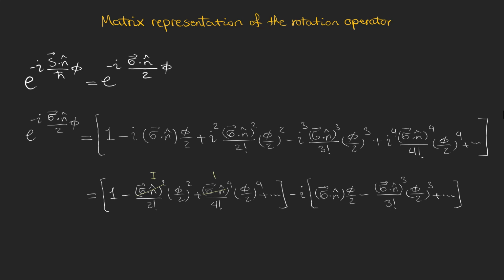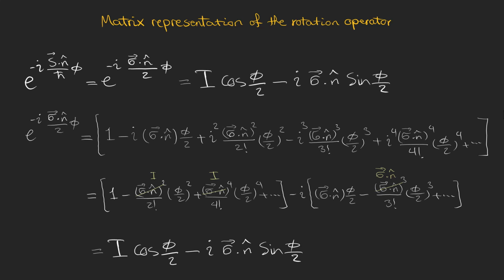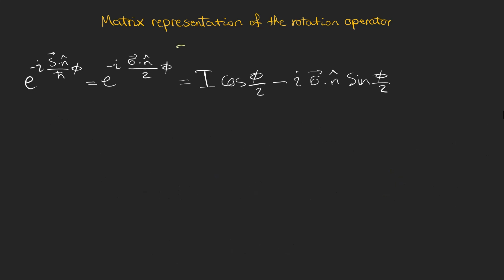These are identity operators, and all the odd powers give the sigma dot n itself. Finally, the rotation operator can be written in the form of I times cosine of phi half minus sigma dot n sine of phi half. Pay attention that for the case of 360 degrees rotation, the cosine gives -1 and the rotation operator becomes minus identity, and when it acts on a spinor, gives the opposite.